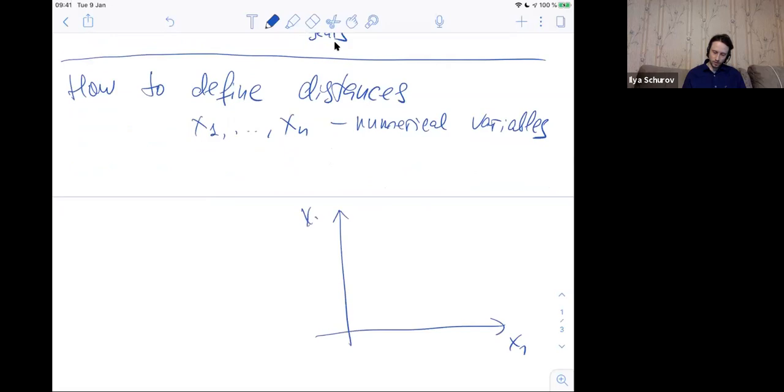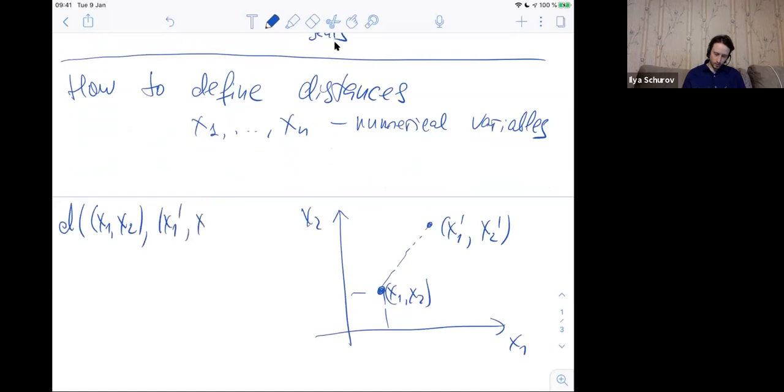For example, this point is x1, x2, and I have another point, x1 prime, x2 prime. How to find the distance between these 2 points, just in the ordinary sense?